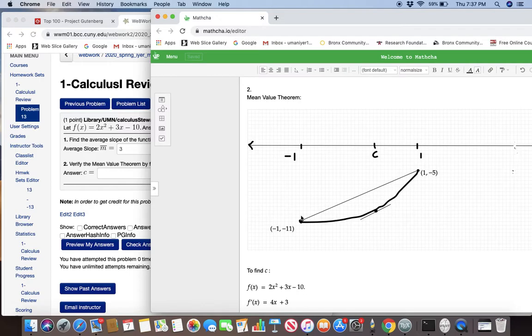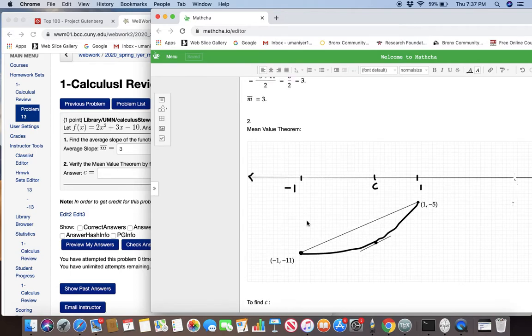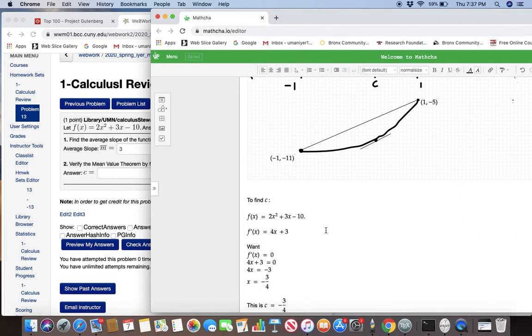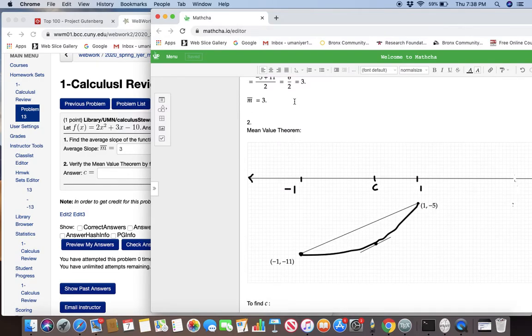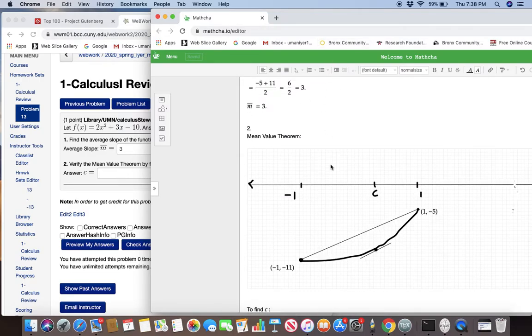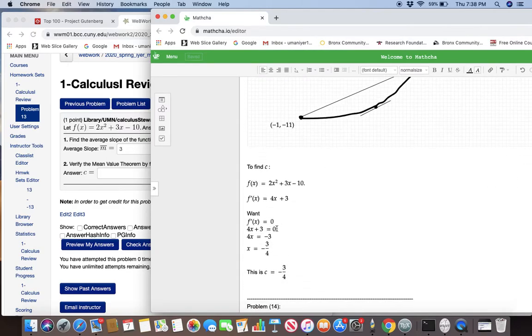I want the derivative to equal the slope of this line segment, which I found to be 3. Find the derivative: 4x plus 3. I want it to be 3. So 4x plus 3 equals 3. Subtract 3 from both sides: 4x equals 0. Divide by 4. My c equals 0.